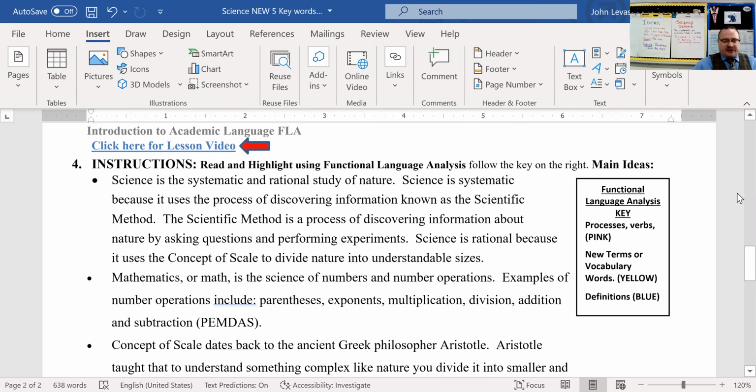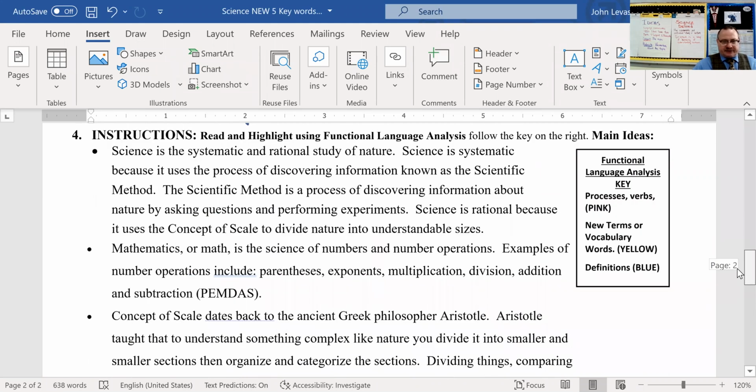So section 4 is made of 3 paragraphs, and we're going to read the paragraphs, and we're going to just focus on finding the processes, the action words, and the vocabulary terms, specific vocabulary words for science or for language acquisition. And anytime we see a definition, we're going to highlight that in blue.